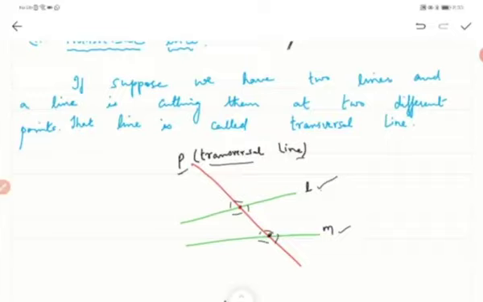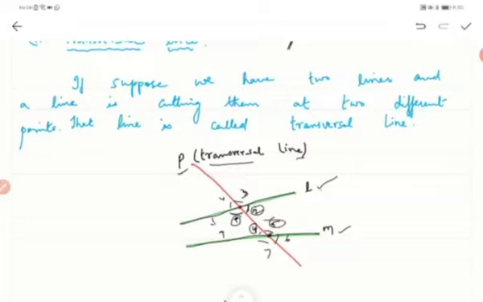Just remember, the angles which are inside form a pair of angles. This inside is this side, isn't it? So these angles are called interior angles. If I give numbering like this, 1 2 3 4, and this has 4 5 6 7, the interior angles are 1 2 4 5.